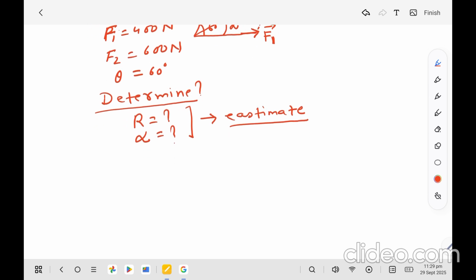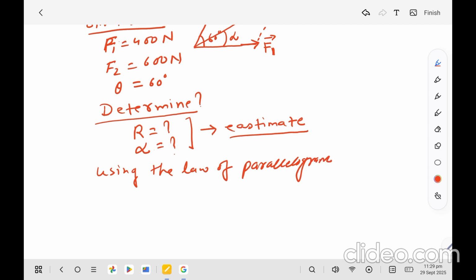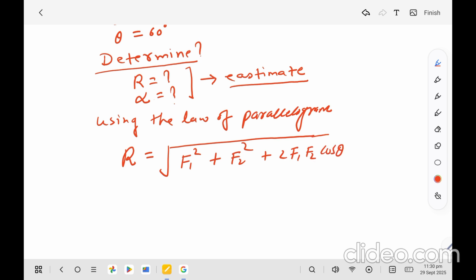So we know from the law of the parallelogram, the resultant force R will be the square root of F1 square plus F2 square plus 2 F1 F2 cos theta.